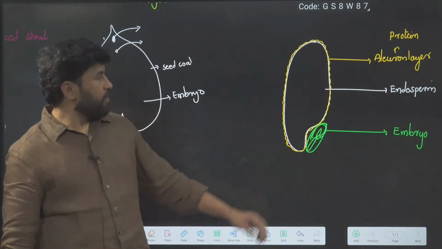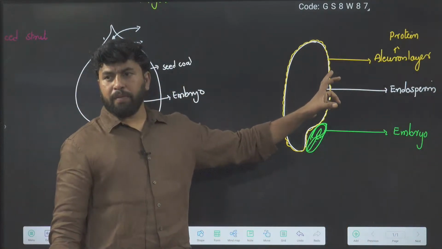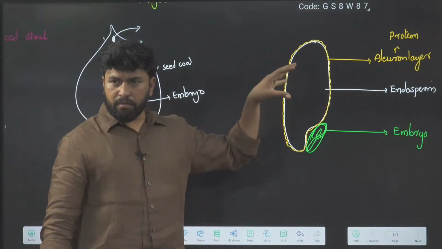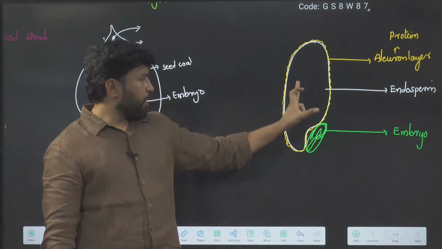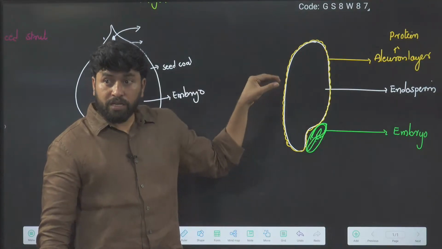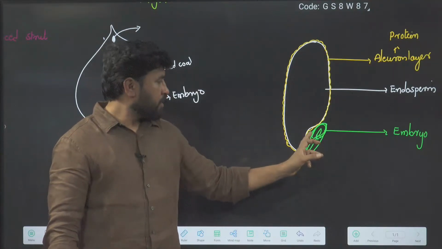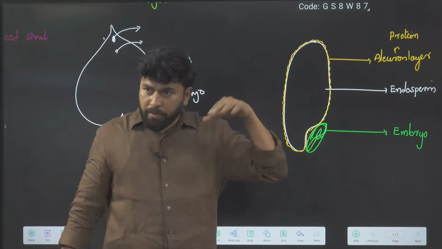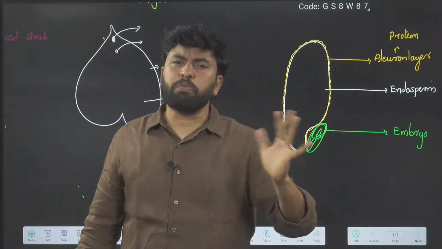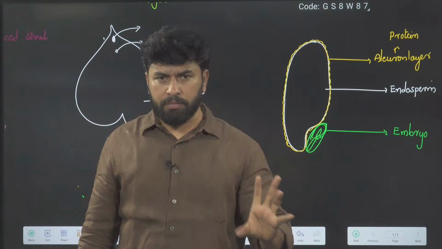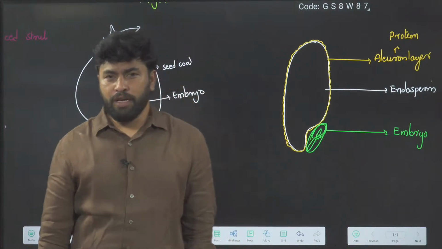Now imagine the intention of the development of the aleurone layer in the monocotyledonous seed is to separate the starchy endosperm from the embryo. If anybody asks which part this aleurone layer belongs to, is it embryo or endosperm? Definitely it belongs to endosperm.